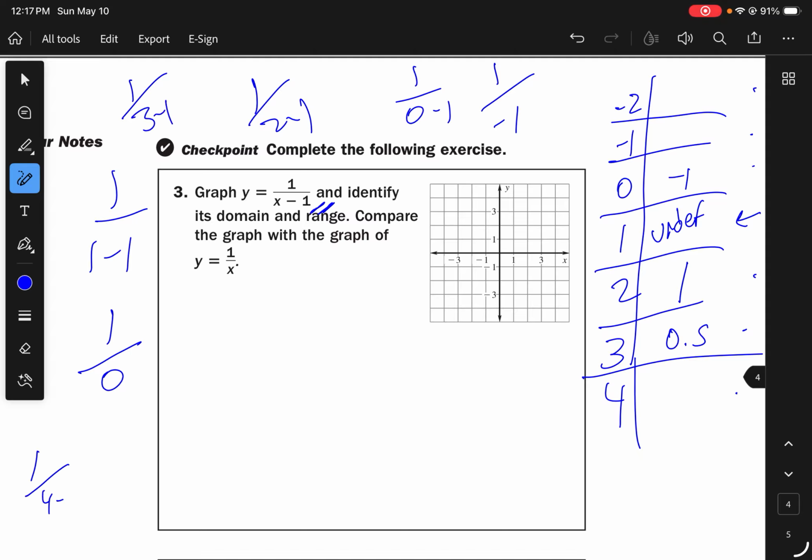And then at 4, we're going to be at 1/3. 1 over -1 minus 1 gives us a -1/2 here. 1 over -2 minus 1 gives us a -1/3 here. So at -2, I'm at 1/3. -1, I'm at 1/2. 0, I'm at -1.